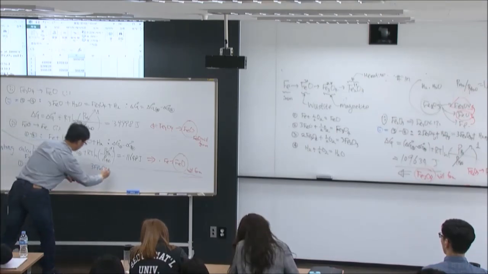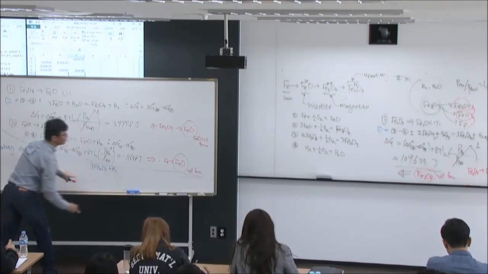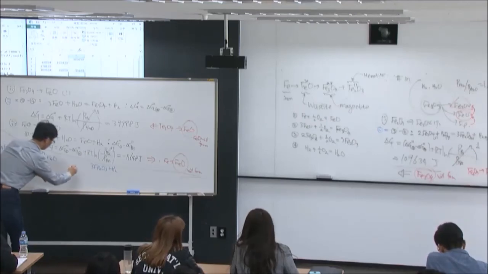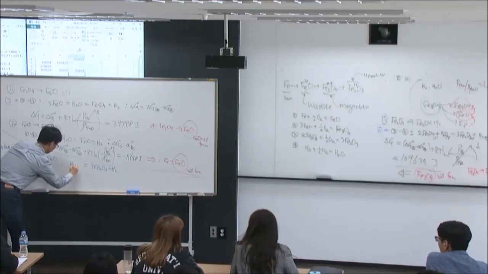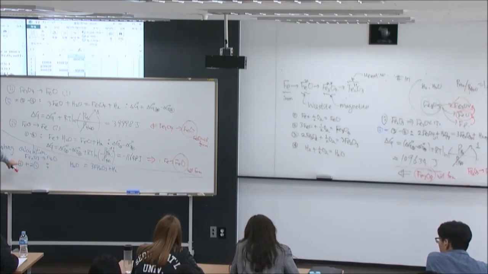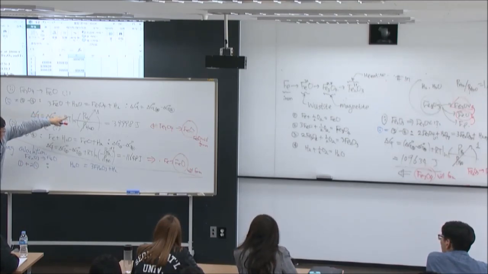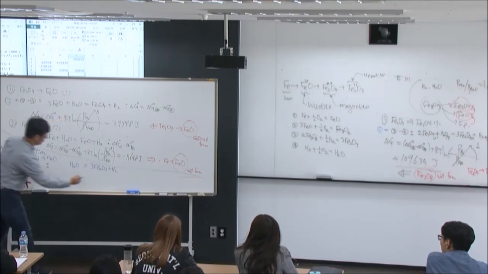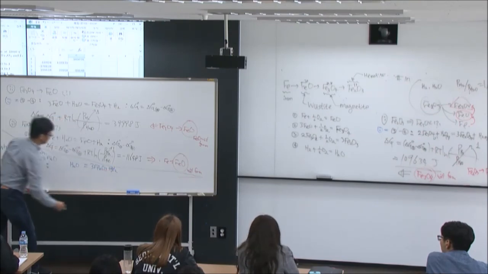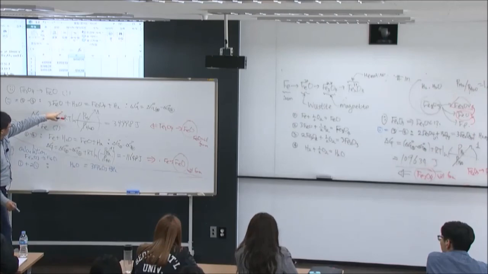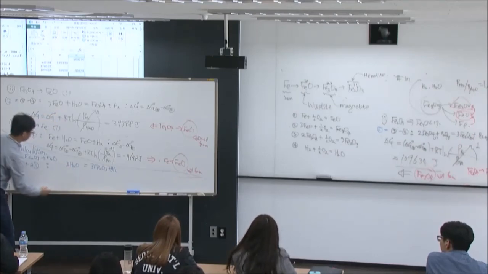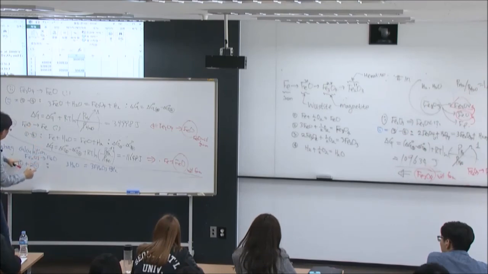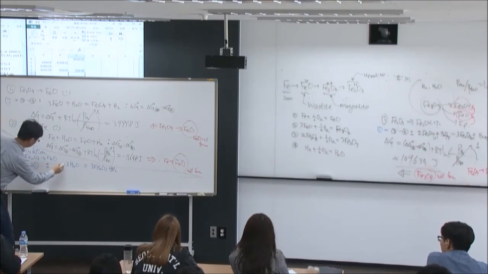Then this will give you, so 1, 3 Fe2O3, and then H2, and then H2O, and then this one, 2 moles of this one, so 2 moles of this one, 2, 2, so this will be 3, and then 2, so this will be 3, plus 1 more, 3, no, 2 more, 3, and then this is then 6 moles.